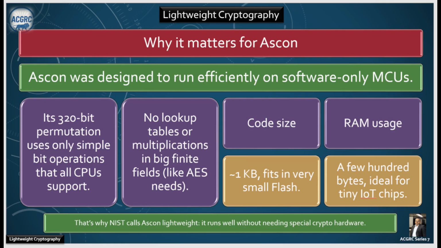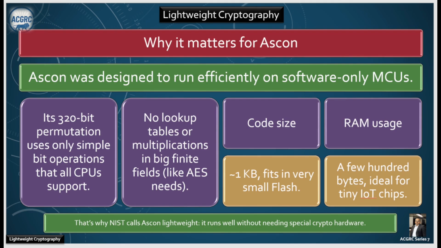Why does it matter for Ascon? Ascon was designed to run efficiently on software-only MCUs. It's a 320-bit permutation that uses only simple bit operations that all CPUs support. There is no lookup table or multiplication in big finite fields like in AES.